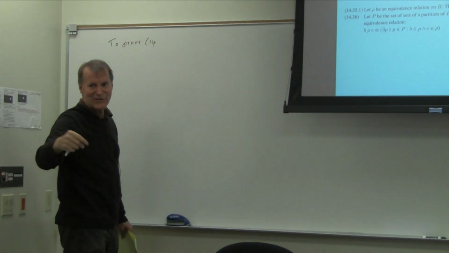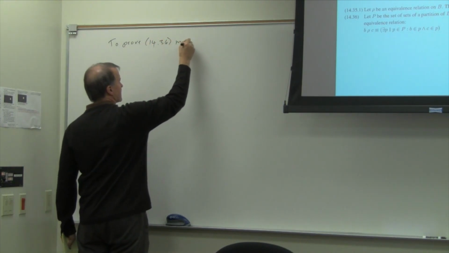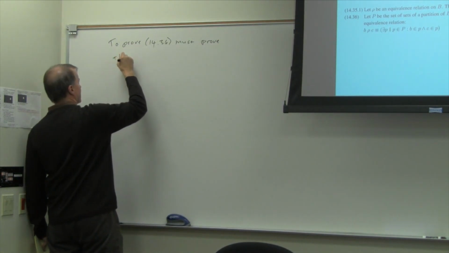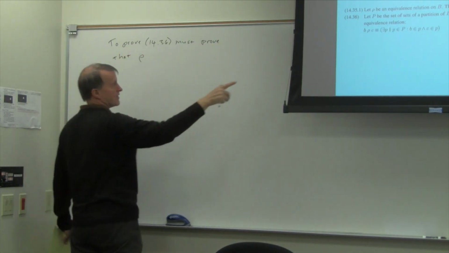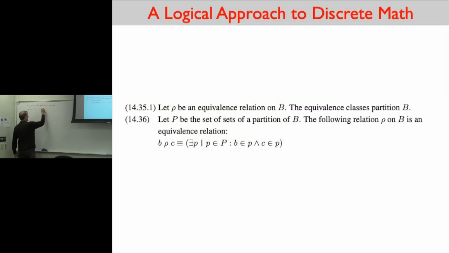Very good. To prove 14.36, we must prove that rho defined by this is reflexive, symmetric, and transitive. In that order, well, it doesn't matter. So it's in three parts.